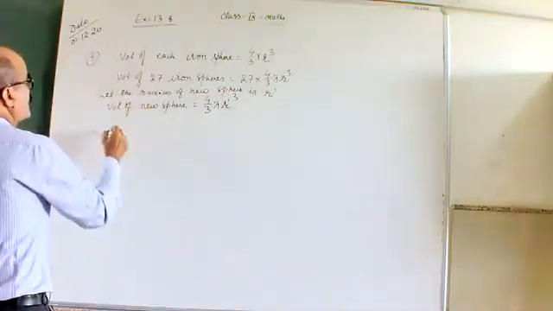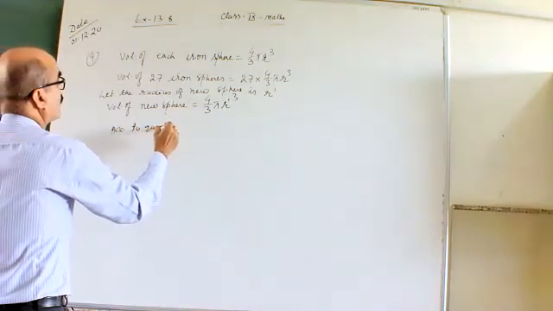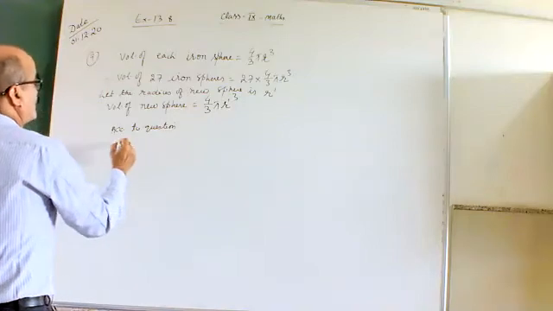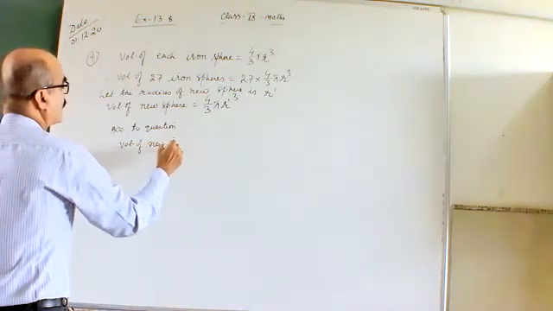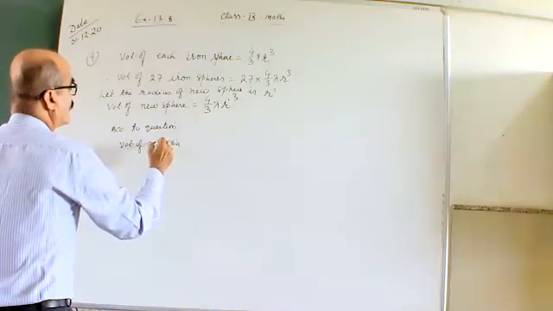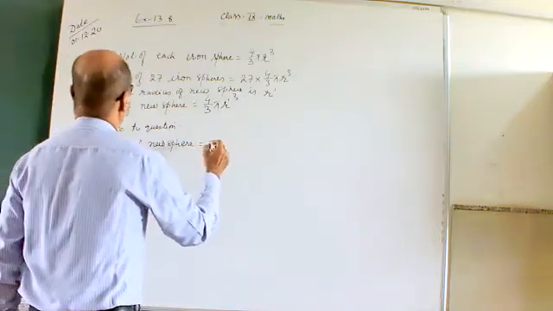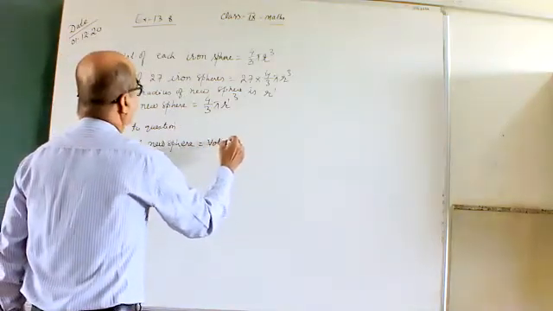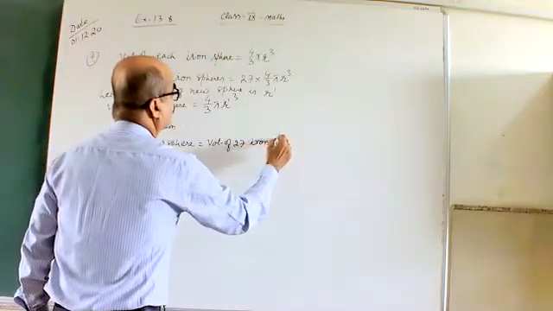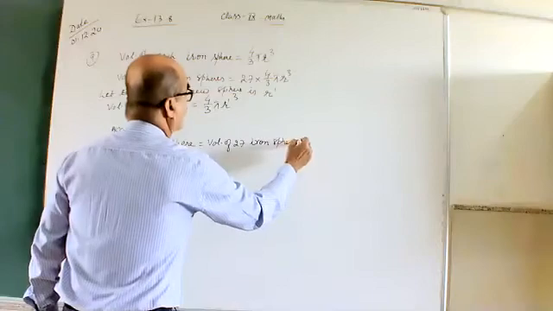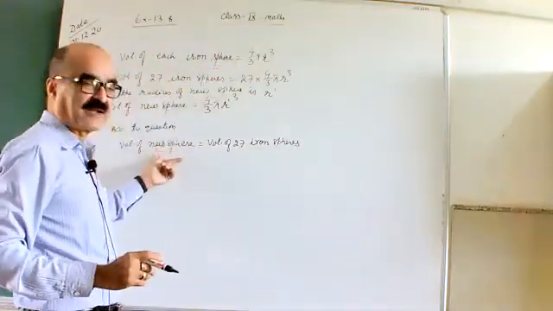Now, according to the question, the volume of the new sphere is equal to the volume of 27 iron spheres, है ना? क्योंकि 27 iron spheres को मेल्ट करके ये नया स्फीयर बना रहे हैं.